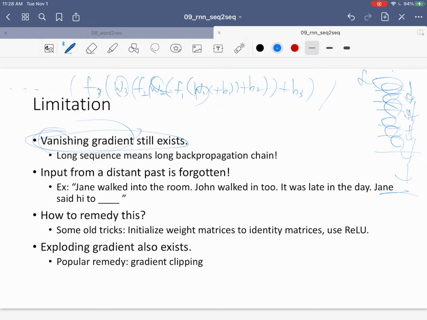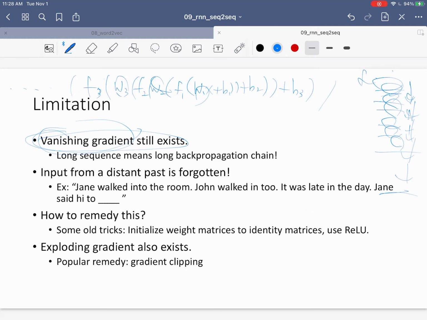There's a problem, which is vanishing gradient and exploding gradient. Same manner with RNN. If you use too long sequence as an input, like 500 word length sentence or 1,000 word length sequence, then your gradient will not actually backpropagate properly.